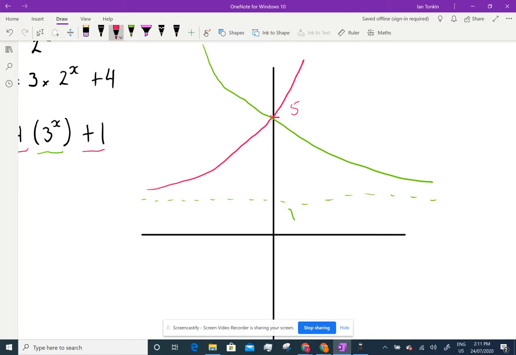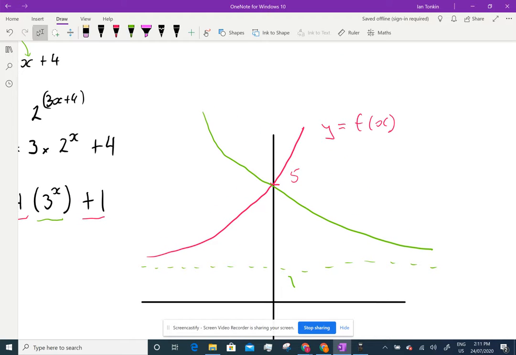So that's y equals f of x. And this, and I should put arrows on it, is y equals f of negative x. Put my arrows on this one.